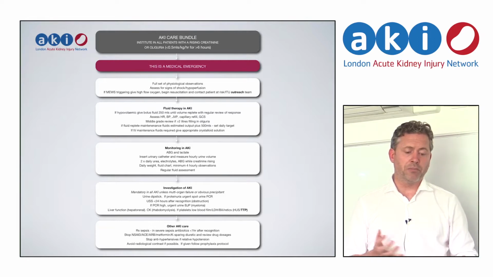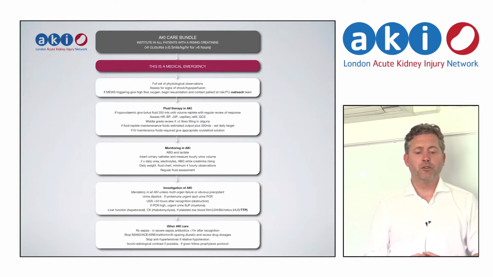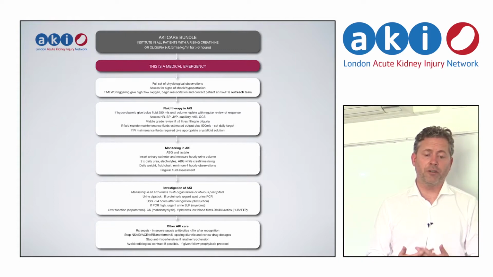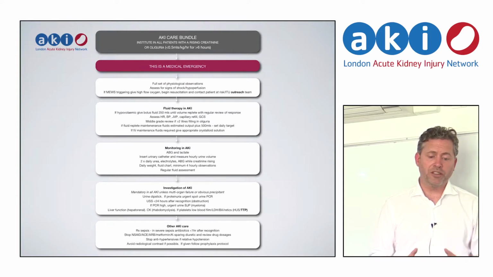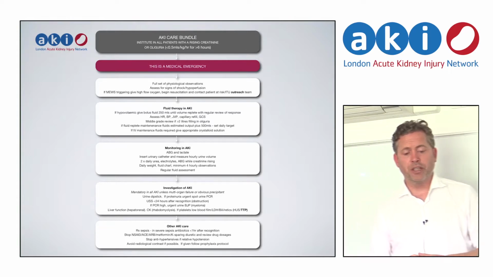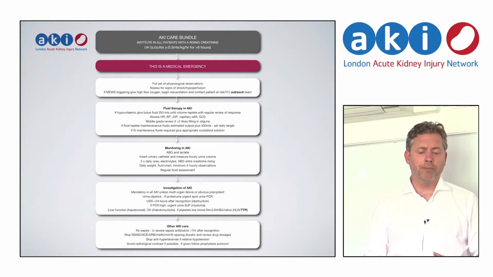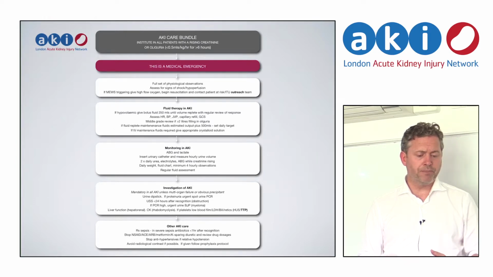Fluid therapy, so this maps to both NICE and the UK Renal Association guidance. For resuscitation in AKI or any other context, we should be using bolus therapies. We should assess the patient clinically, give bolus therapy and assess response. We would recommend 250 mils of fluid using balanced crystalloid or gelofusine.